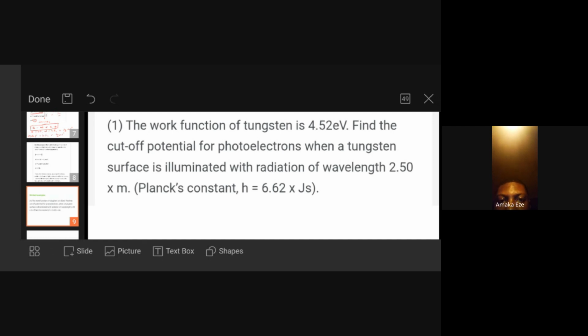There is supposed to be times 10 raised to power. Oh my God, I missed something. I think this is 2.5 times 10 raised to power 7, if I'm not mistaken.